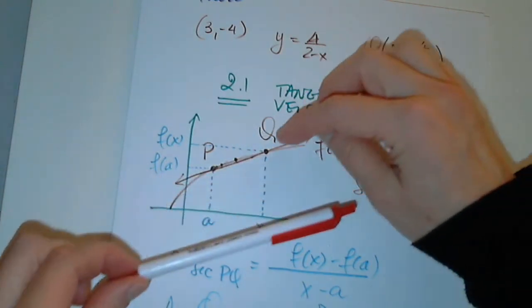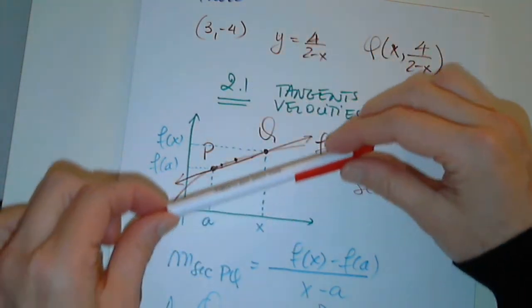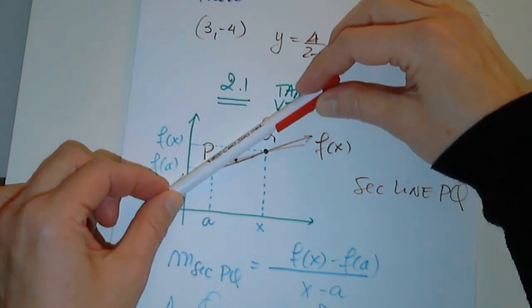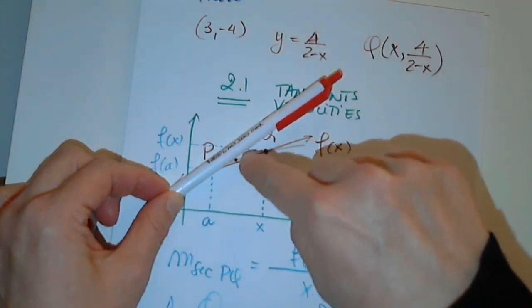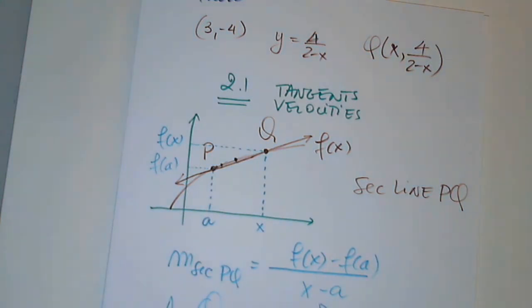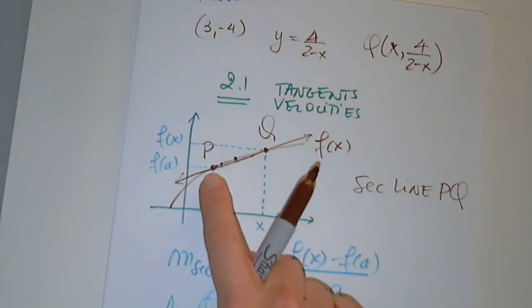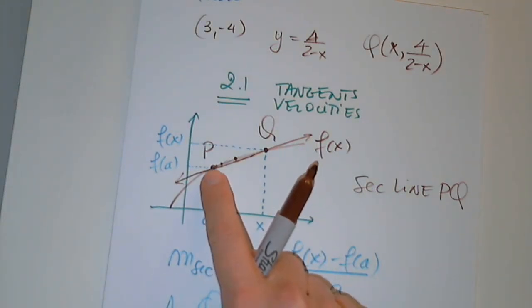As Q gets closer and closer to P, the slope of the secant line gets closer and closer to the slope of the tangent line at A or at P.